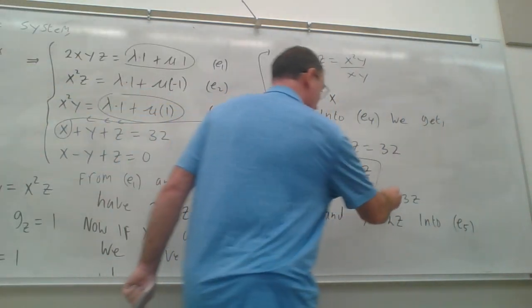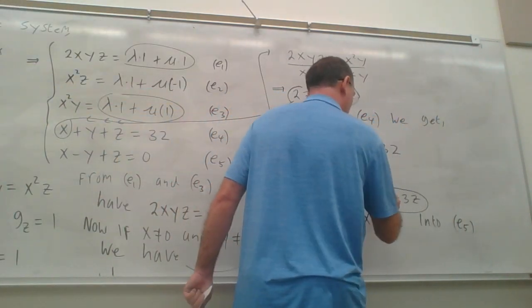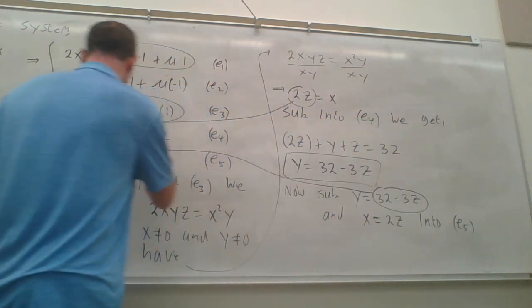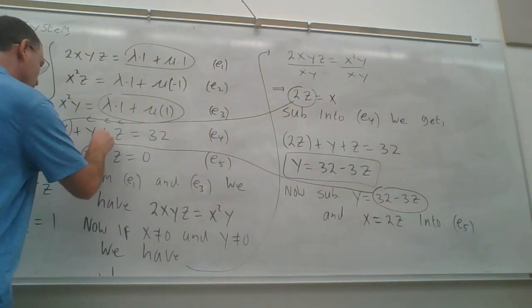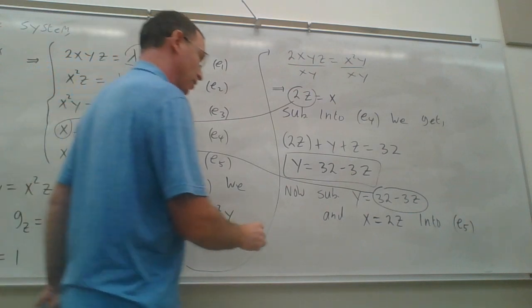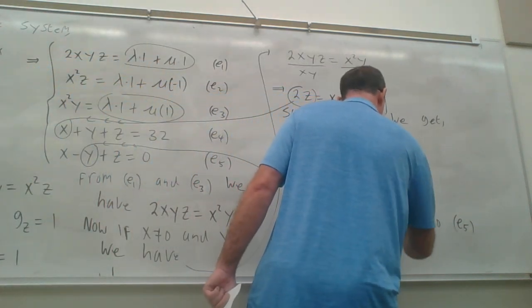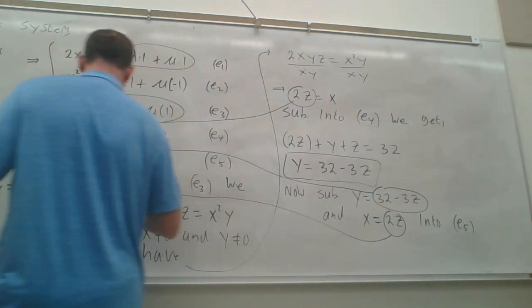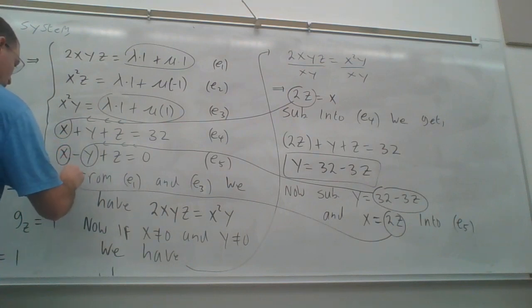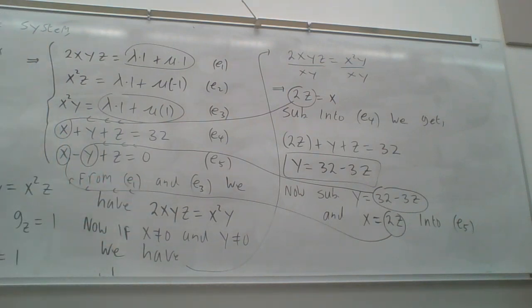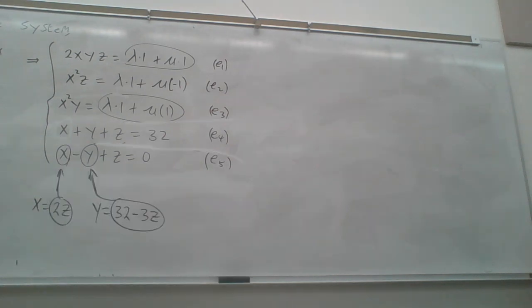So I'm going to put 32 minus 3z in place of y here. And in place of x, I'm going to put in 2z here. Okay, so we're making our substitutions here and here.